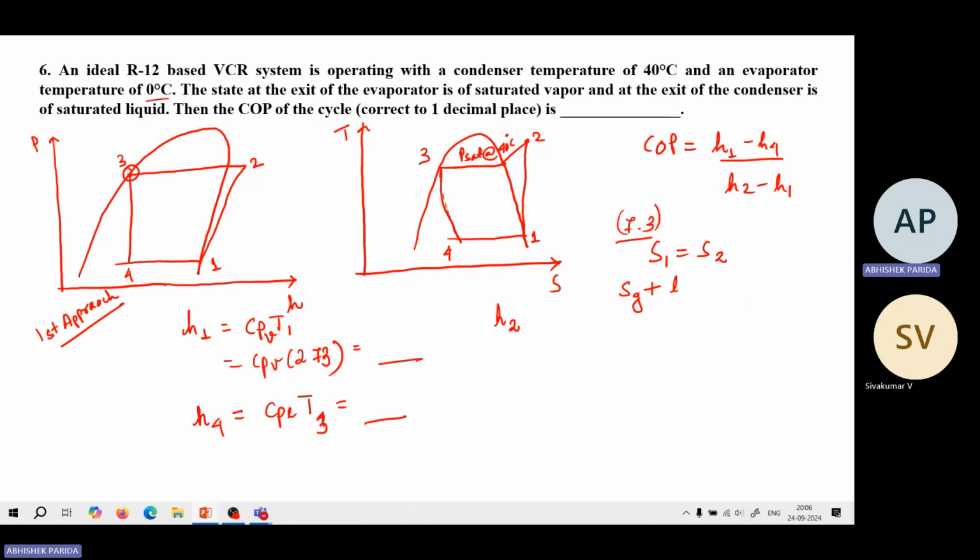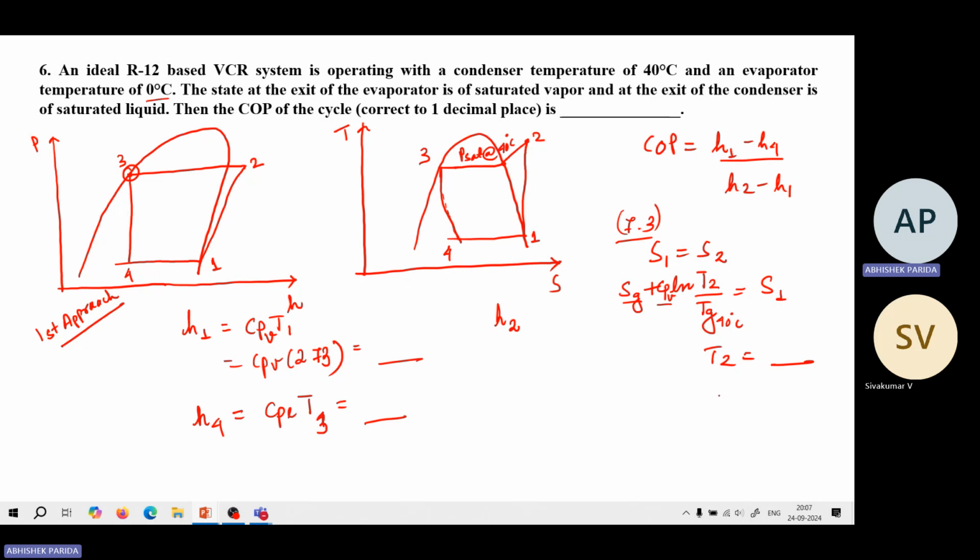So mostly you will use S1 = Sg + Cp ln(T2/Tg), where Tg is at 40 degrees Celsius. Based on that, you will equate to S1. Cp vapor you would be knowing, Sg you know, and you can find T2. Follow this method only when the values of Cp and Cv are given.